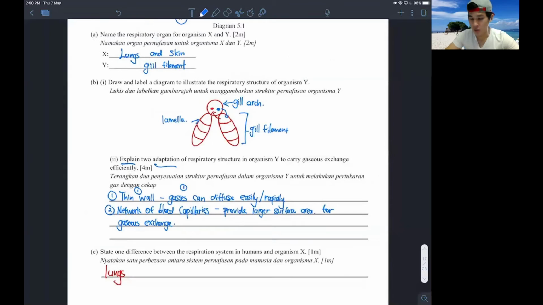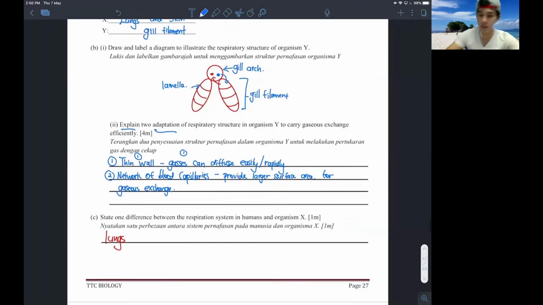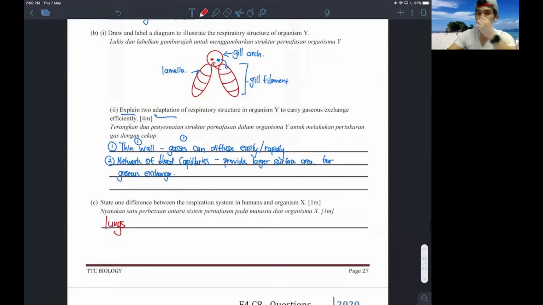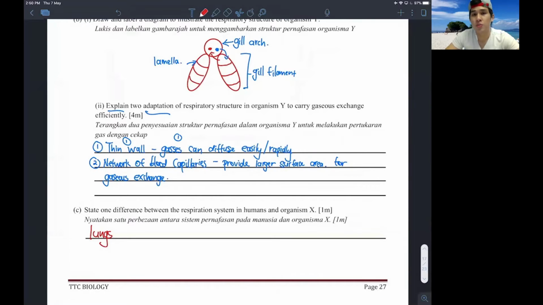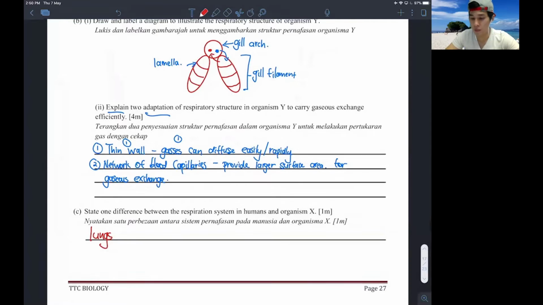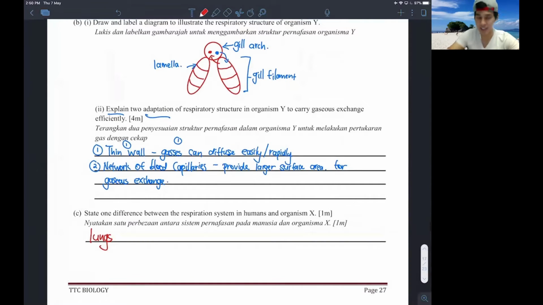Right. So C. Okay. This one I didn't really teach you last week, which is they ask you to state 1 difference between respiratory system in humans and organism X. So we compare between the lungs, because human also got lungs, frogs also got lungs, but human and frog lungs are different.